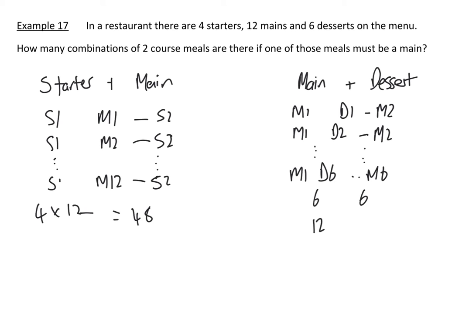That means we're going to have 12 times 6 options for a main and a dessert, and that's 72. So we have 48 combinations of a starter and a main, and 72 with a main and dessert. That means we've got 48 plus 72, which is 120 different options.